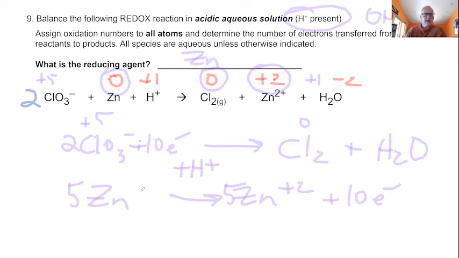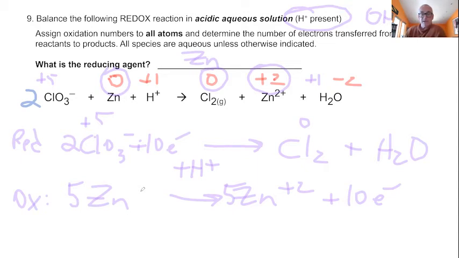So look at the oxidation. This is our reduction. This is our oxidation. Is our oxidation reaction balanced in terms of charge? I think we don't need to add anything on the oxidation.